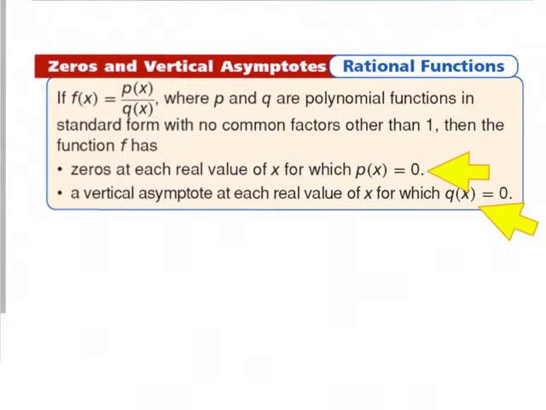If this holds, then the zeros of the function are p of x, the numerator, set equal to 0. And the vertical asymptotes are q of x, the denominator, set equal to 0.